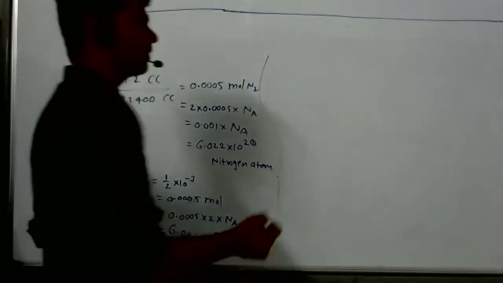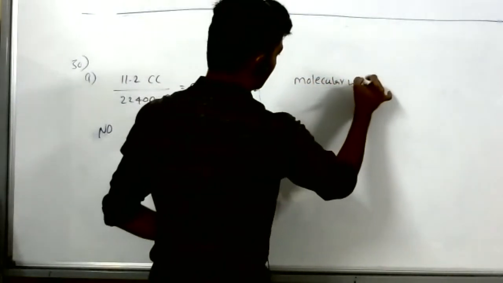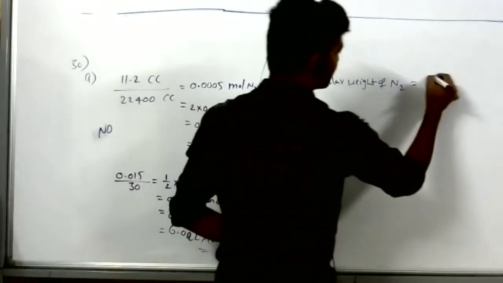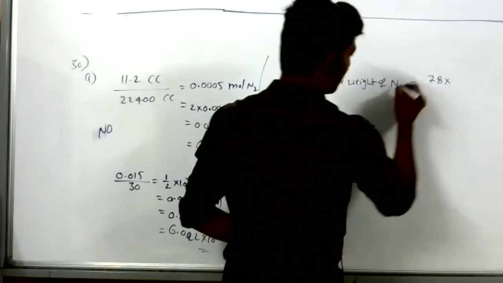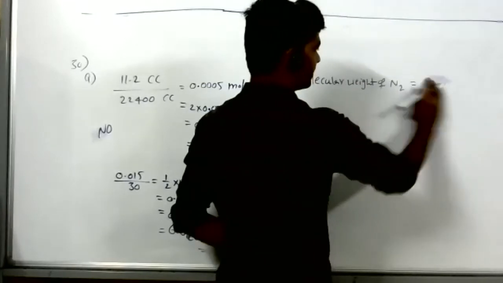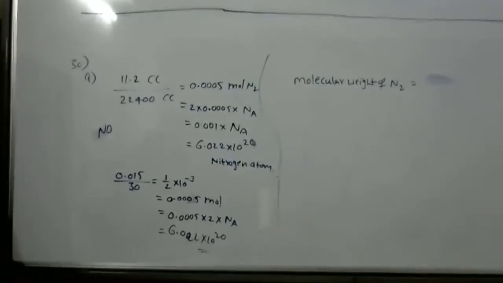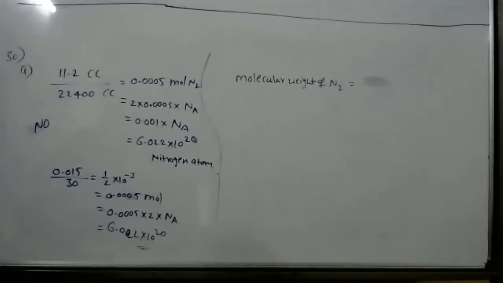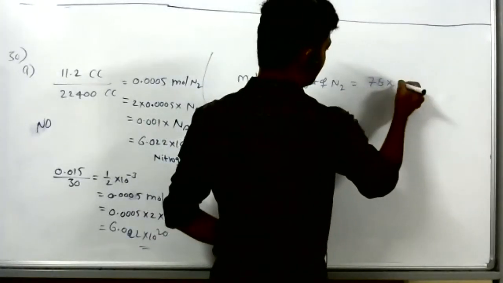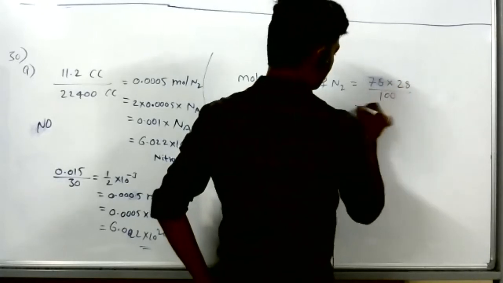Calculate the molecular weight contribution of N2. They're given 78%, so 78 into 28, the molar mass of N2, divided by 100. Calculate this one.